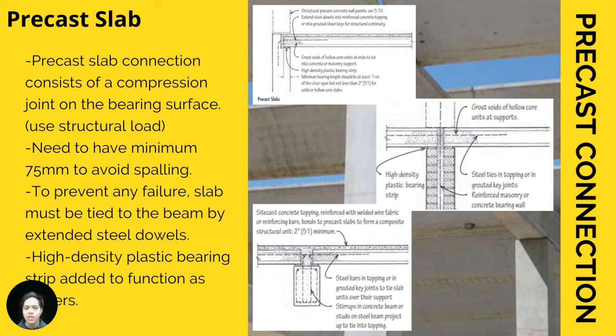And to prevent any failure of the floor system, the slab must be tied to the beam by extended steel dowels. If you look at the first picture, you can see the dash line shows the extended steel dowels. We also need to put a high density plastic bearing strip to act as a buffer.